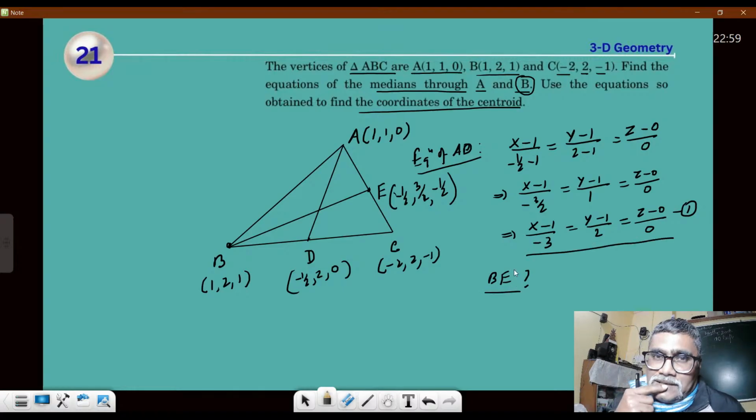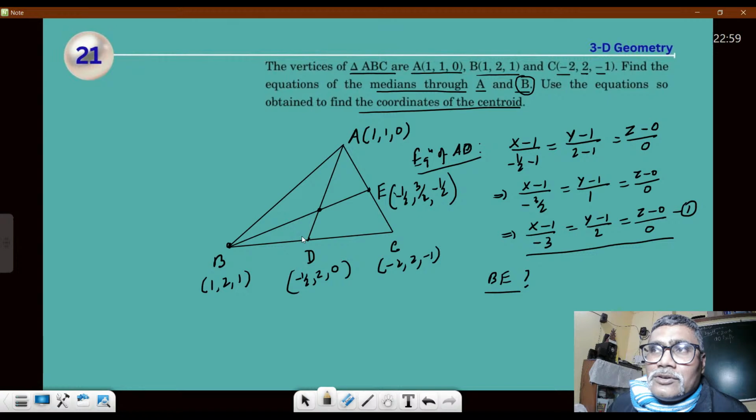But after that, the main part is left, that is to find the centroid. So again you have to remember the conditions. If you don't remember those simple plane geometry concepts from class 7, 8, 9 or 10, you will not be able to do the problem. So I remember that whenever you draw two medians, wherever they intersect, that is the centroid.